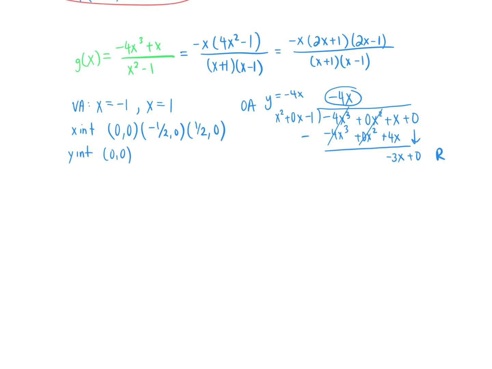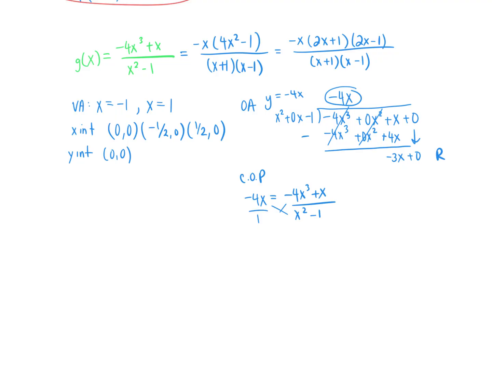Now, whenever we have oblique asymptotes or horizontal asymptotes, we might have a crossover point. So I am going to solve for that. We just set our oblique or horizontal asymptote equal to our function. So negative 4x is going to equal, and I'm going to go into the original one. Nothing had crossed out, so I like this one where everything is expanded better. And now I'm just going to cross multiply here.